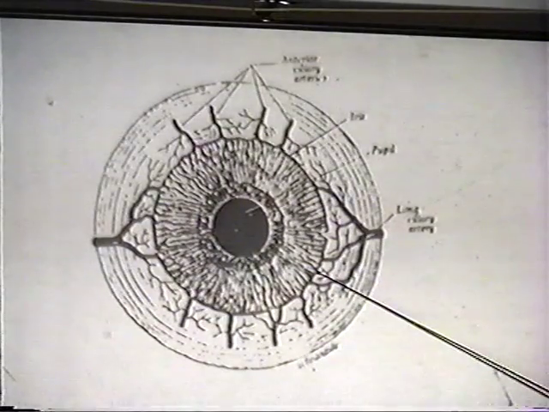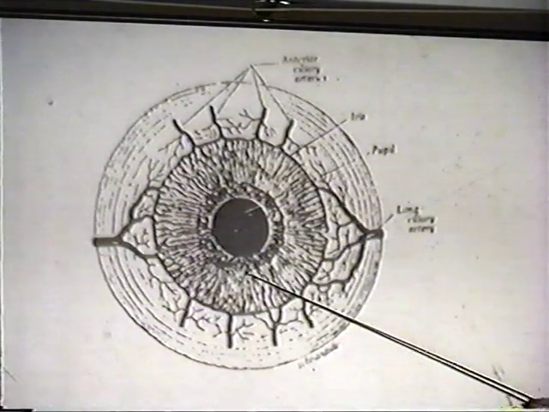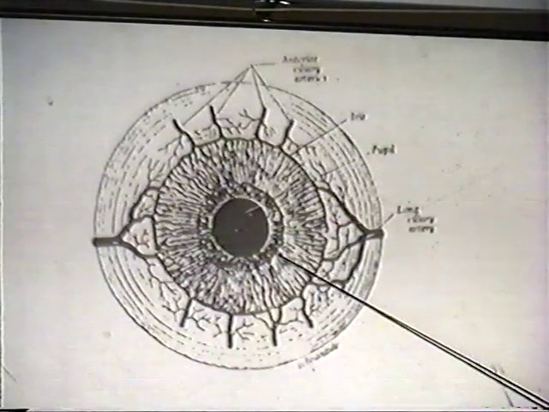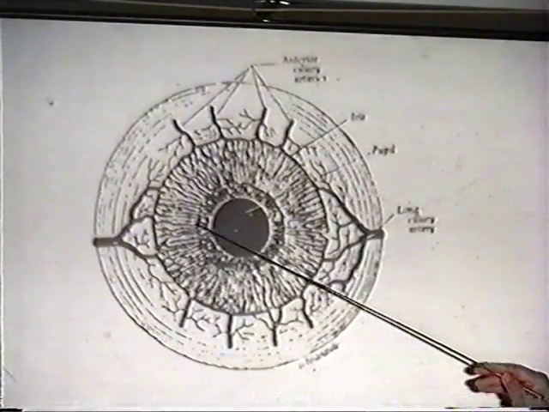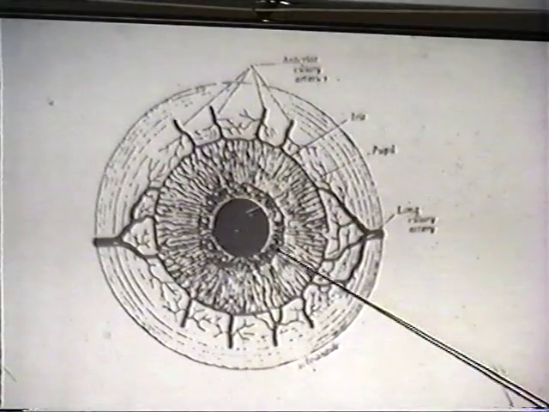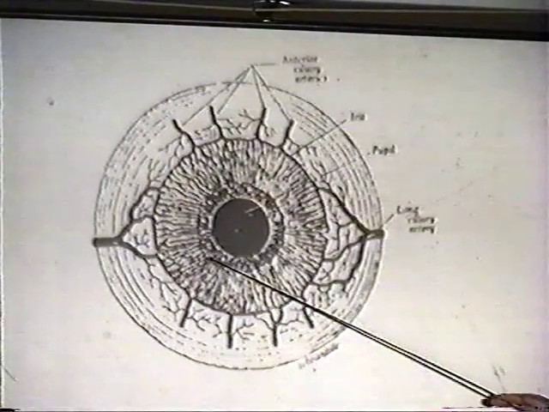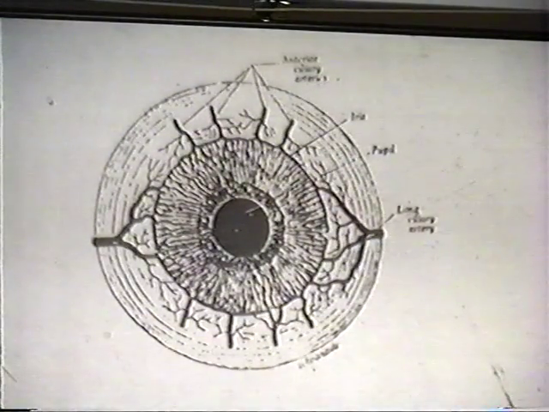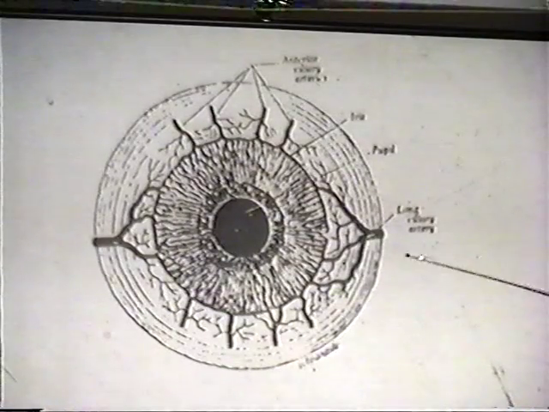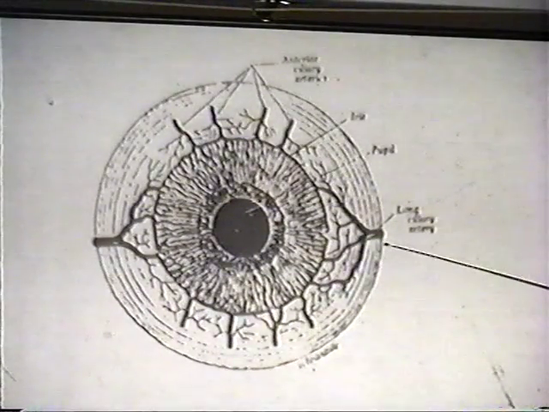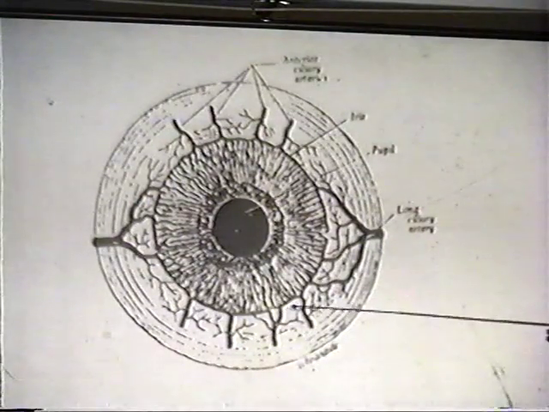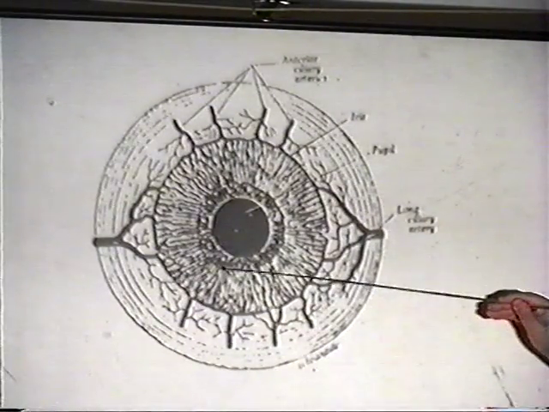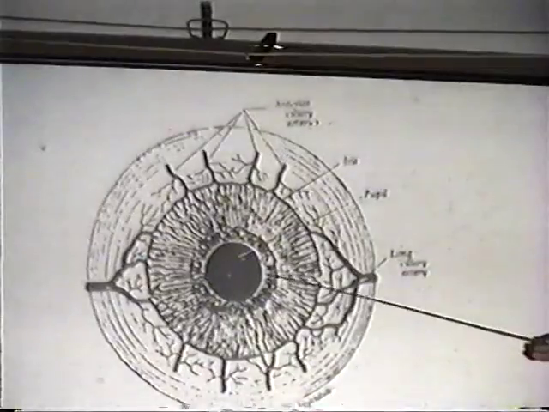Now, the blood vessels move on in to a lesser circle, and the lesser circle will be right around what we call the autonomic nerve wreath. And the autonomic nerve wreath in this area, called the ANW, you'll have another smaller circle of blood vessels right around here. Now, normally, the blood vessels will be moving in from the sclera into this outer ring, and then from there in a fairly straight line in toward the smaller ring, or lesser ring.